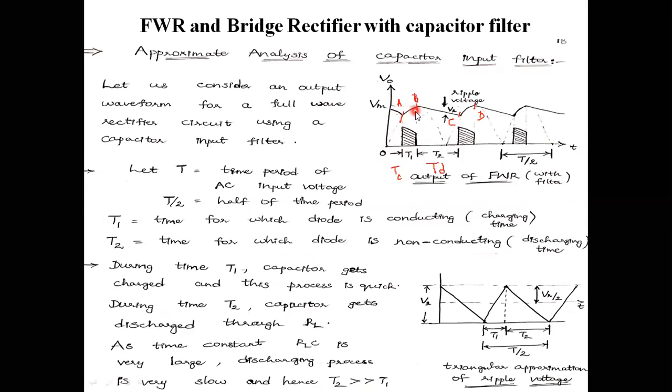A to B is the charging time, and B to C is the discharging time. C to D is the charging time, and D to E is the discharging time, like that.